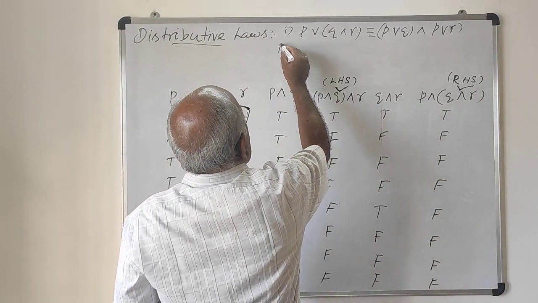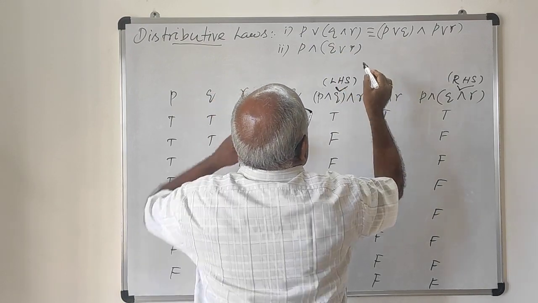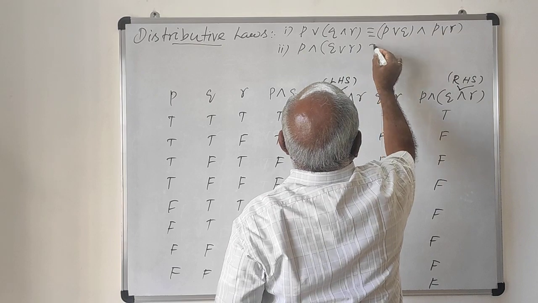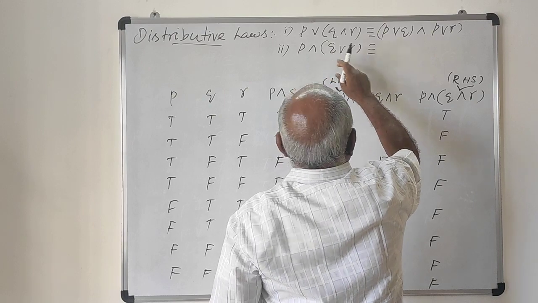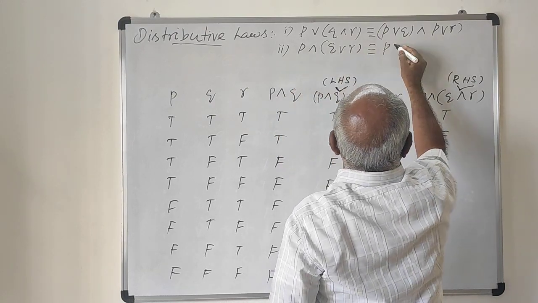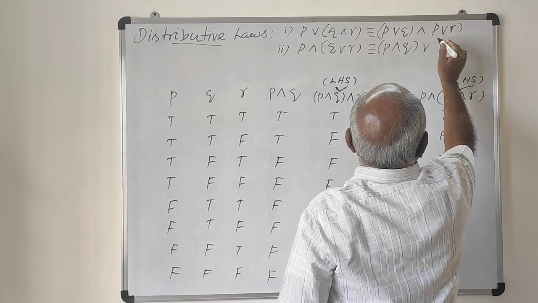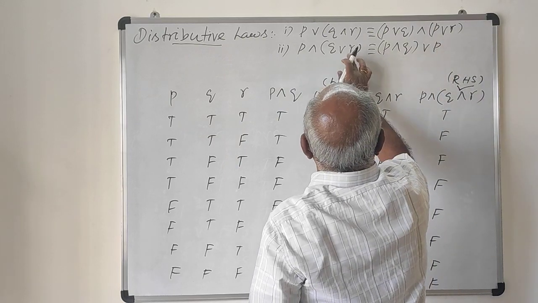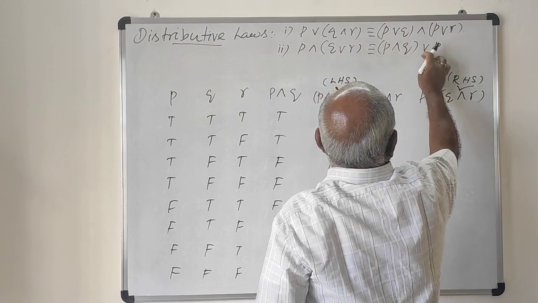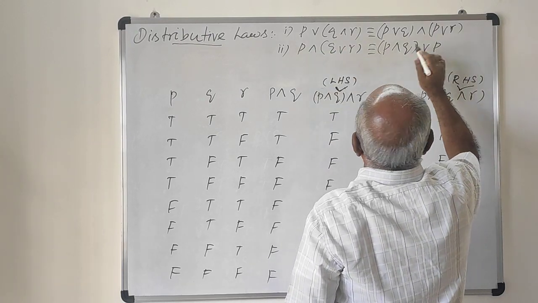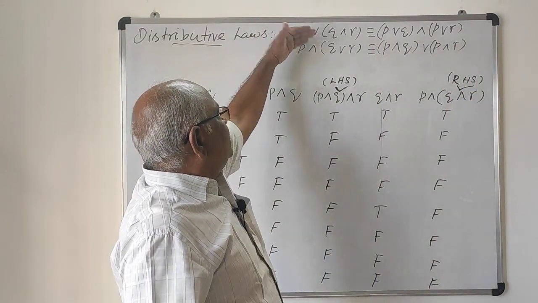Next one, similarly, P conjunction Q disjunction R is equivalent to P conjunction Q disjunction P conjunction R. The disjunction and conjunction are interchanged.